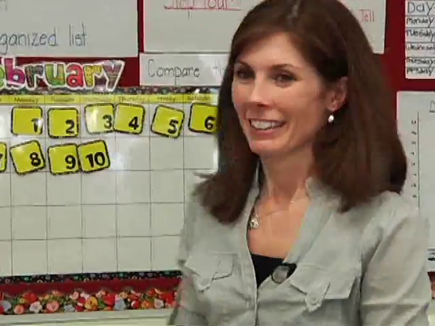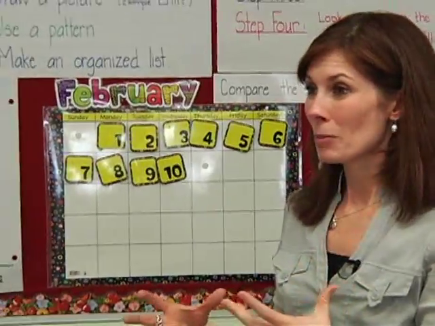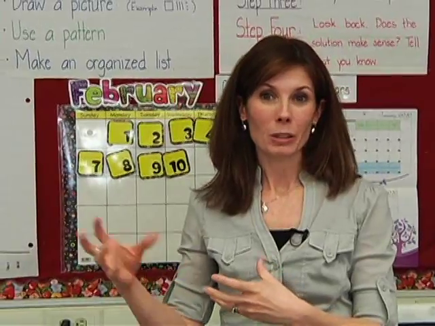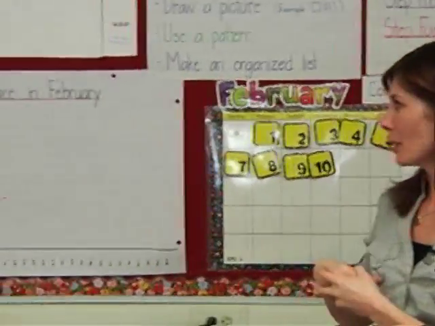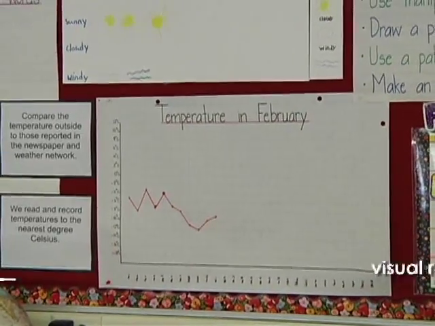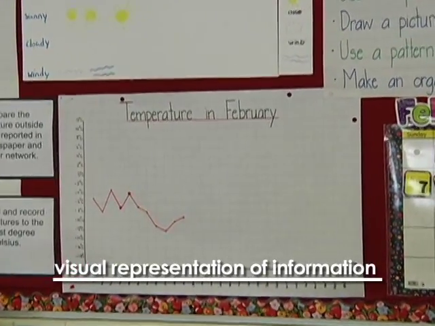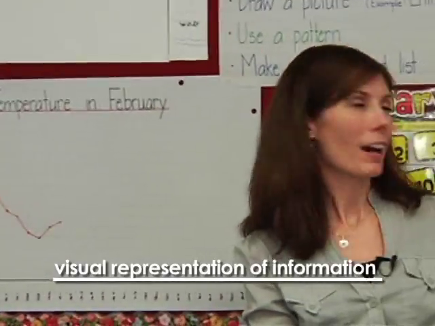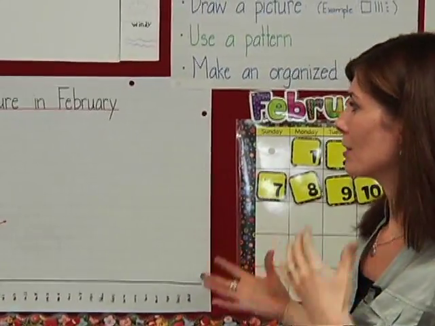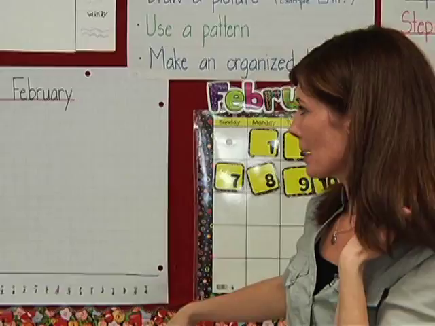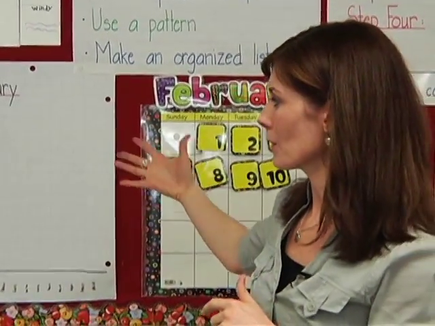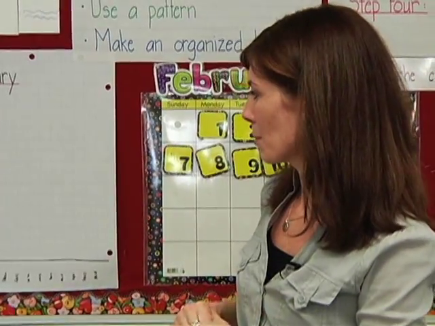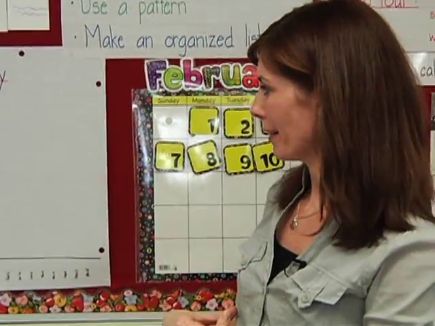And another part of our moon journals, some of the students started recording the temperature outside. And so then we thought, how can we graph that in a different way? We're learning about bar graphs and surveys, so what's a different type of graph? And we'd done a similar graph earlier in the year, so the students thought, why don't we graph the temperature in a plot type of format?